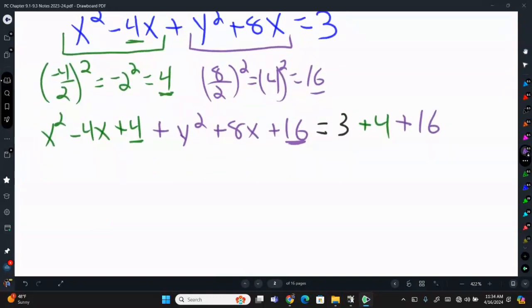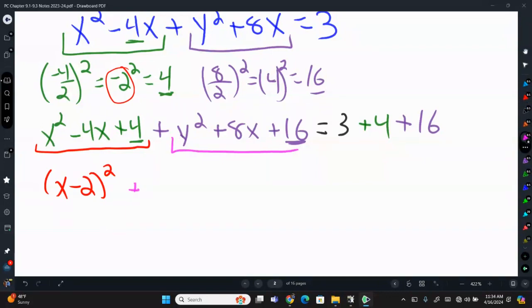So now I have to factor each one of these. One of the tricks that you can do is whatever we square. So up here, we squared negative 2. Because we squared negative 2, it's going to be x minus 2 squared. Plus, and then here, we took positive 4 and squared it, so it's going to be y plus 4 squared.